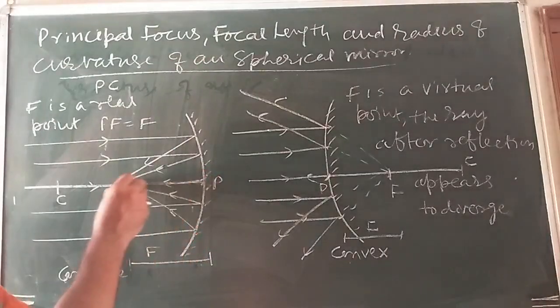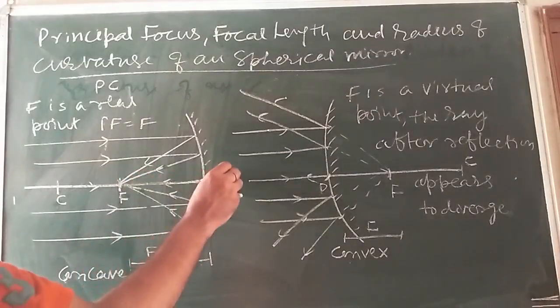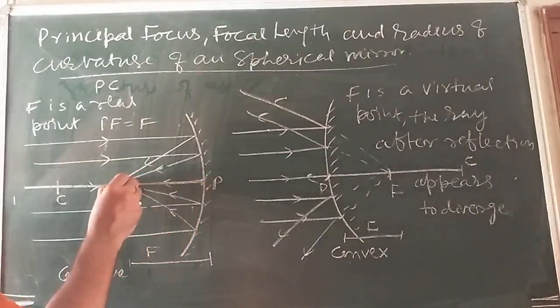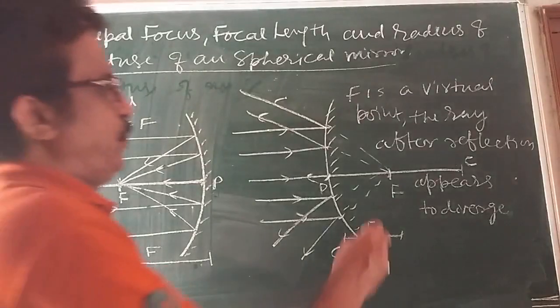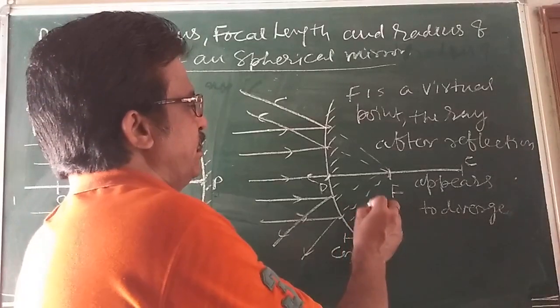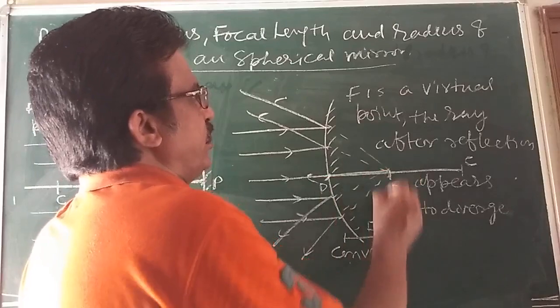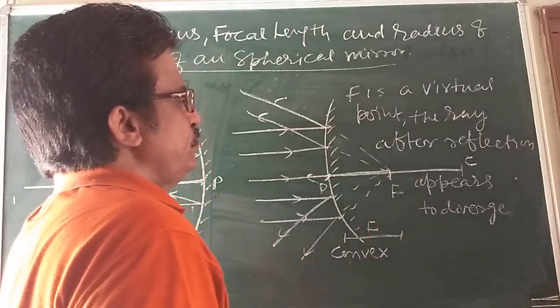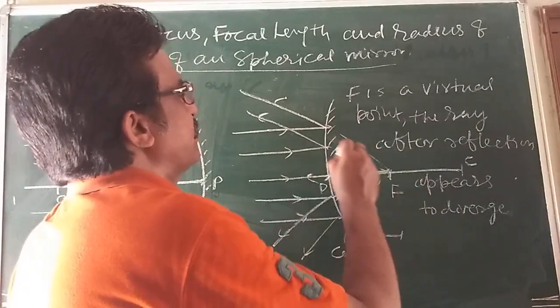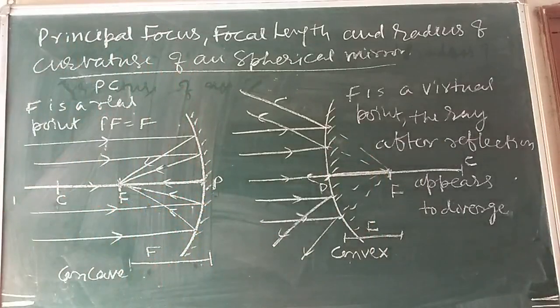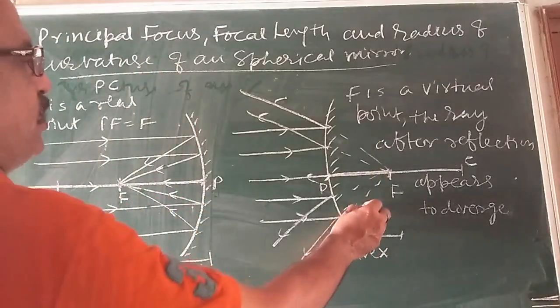So the distance here, rays are going this way, but we are measuring in this direction. So the focal length of a concave mirror is negative. Similarly, in case of a convex mirror, we are getting here a virtual point, so this distance we are measuring in the direction of rays. So we can say in a convex mirror, the focal length is positive.